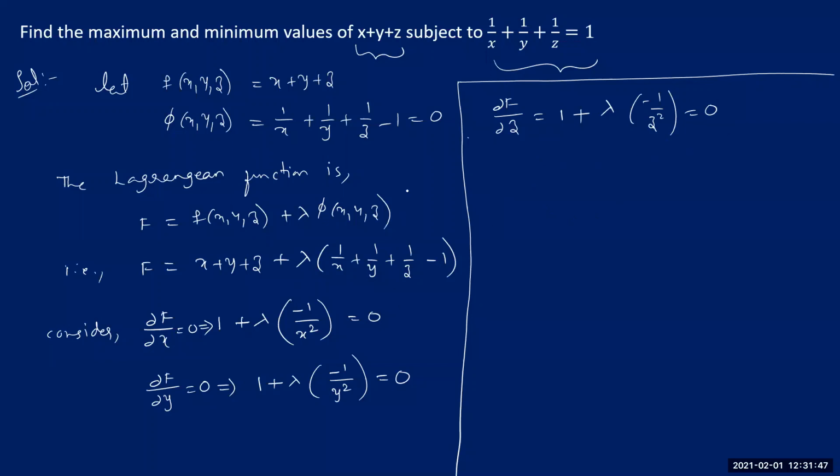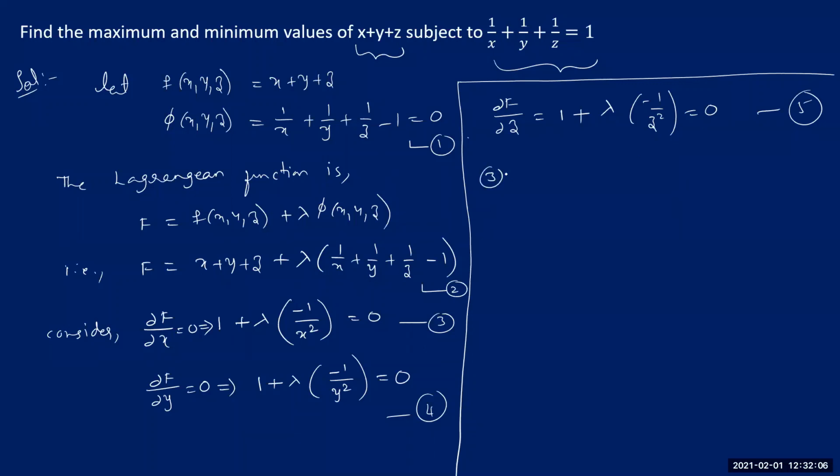Right, let me give some numbers to all these equations. Let me take this as equation 1 as usual. I'm taking this as equation 2. Then this is 3, this is equation 4, and this is equation 5. Now I'm going to rewrite these equations.